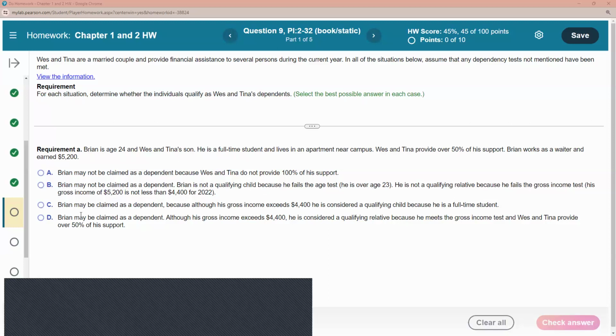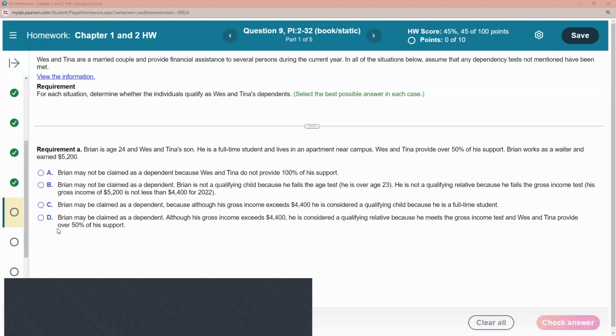C, it states Brian may be claimed as a dependent because although his gross income exceeds $4,400, he's considered a qualifying child because he is a full-time student. Incorrect. The student has to be under the age of 24. D, Brian may be claimed as a dependent.